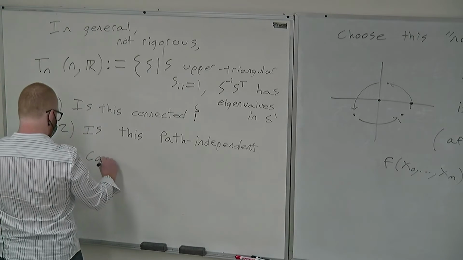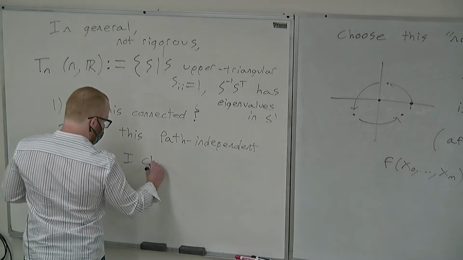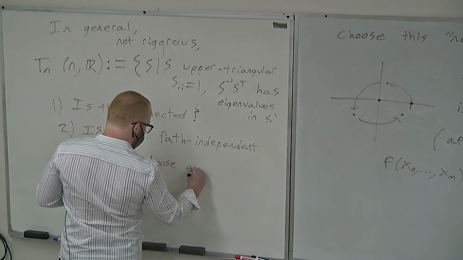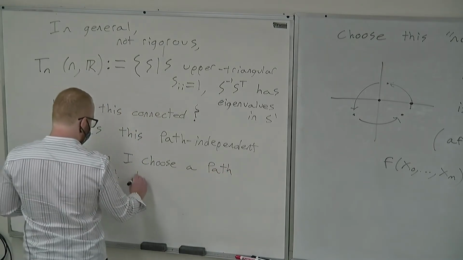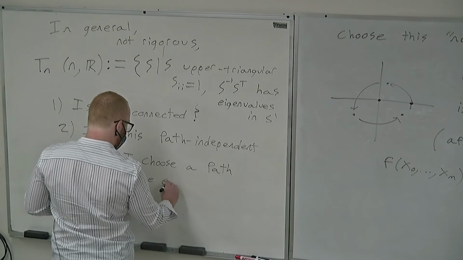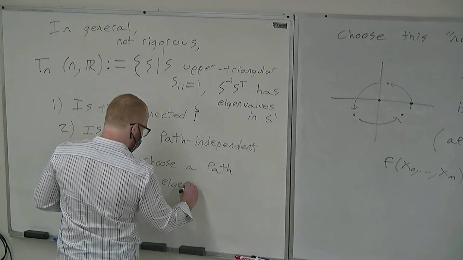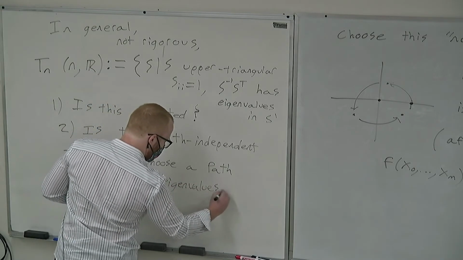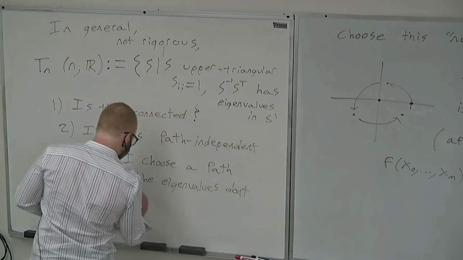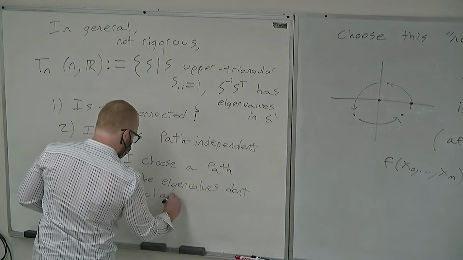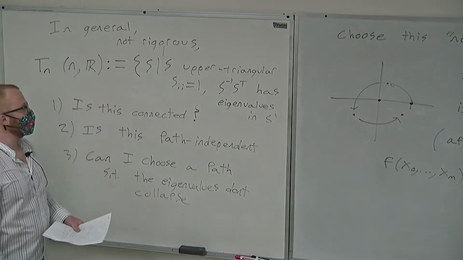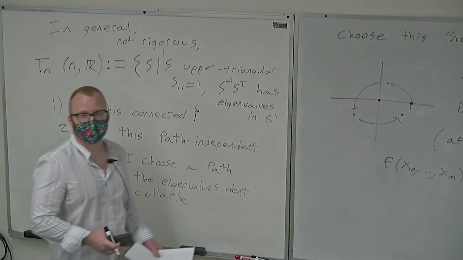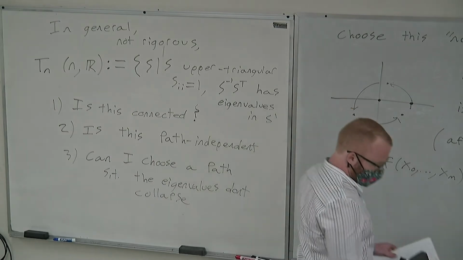So can I choose a path such that the eigenvalues don't collapse? And I suppose, can you choose a path like this naturally? In some sense, the simplest one.